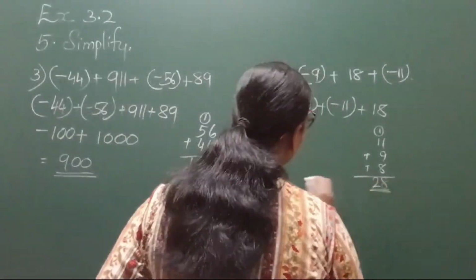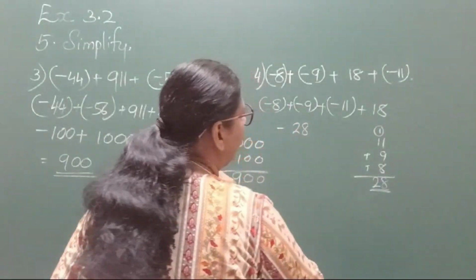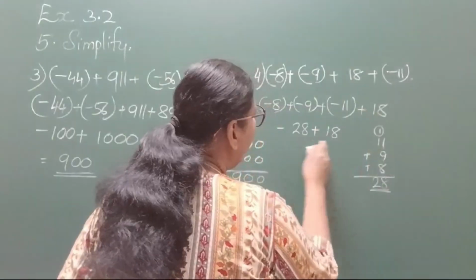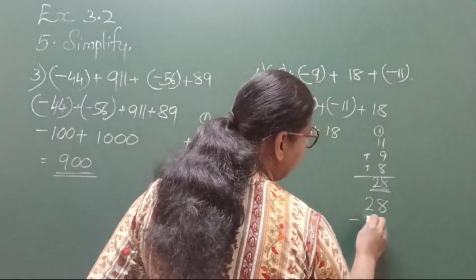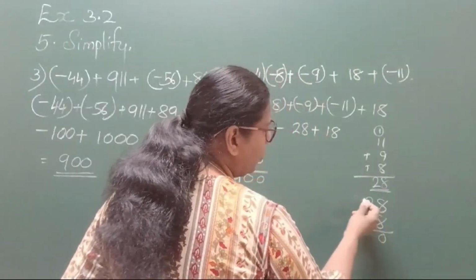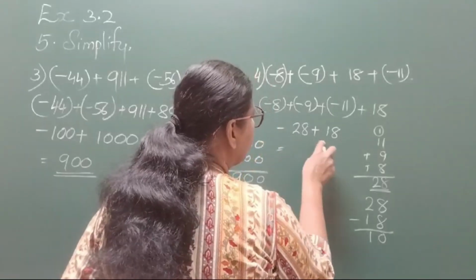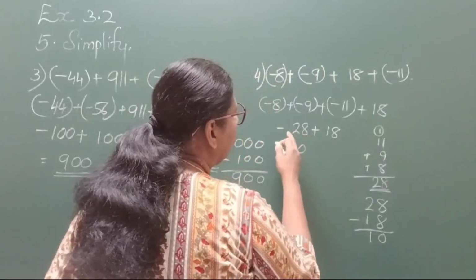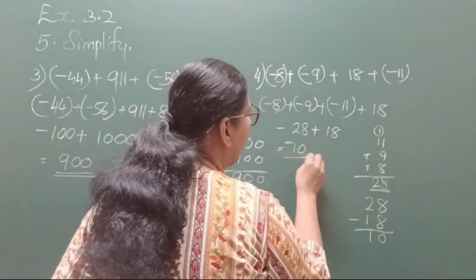We got the answer 28. That is minus 28 plus 18. Find the difference of these two. 28 minus 18. 8 minus 8 is equal to 0. 2 minus 1 is equal to 1. So we got the answer 10. And we have to see the greater number's sign, that is minus. So our answer is minus 10.